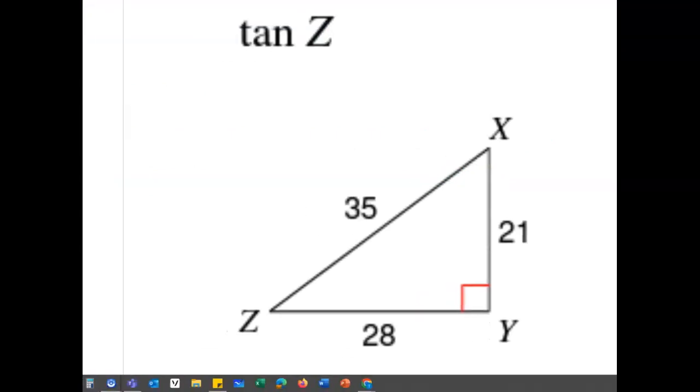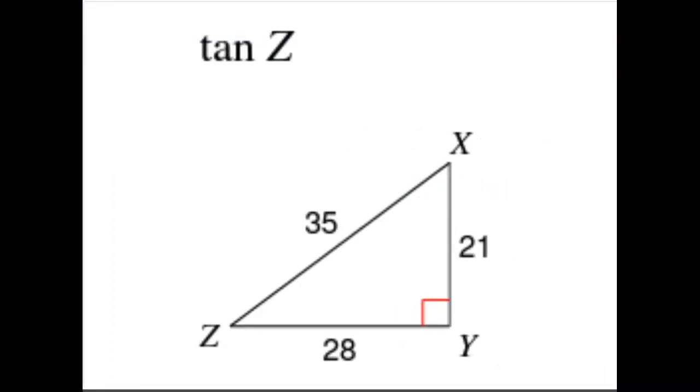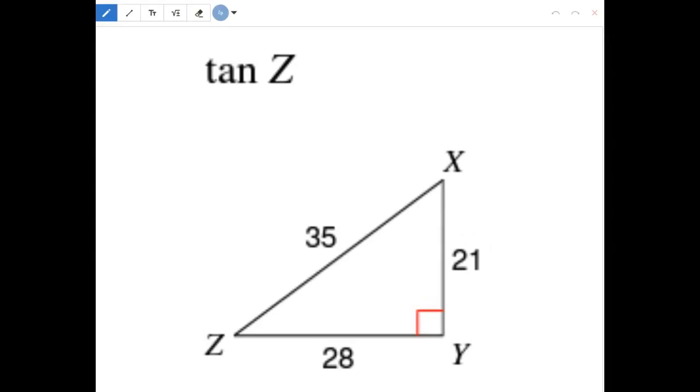So here we are looking for tan z. If we're looking for our tangent, we want to do opposite over adjacent. So first of all, we're going to look for z. We know that this is our theta, or our referenced angle.